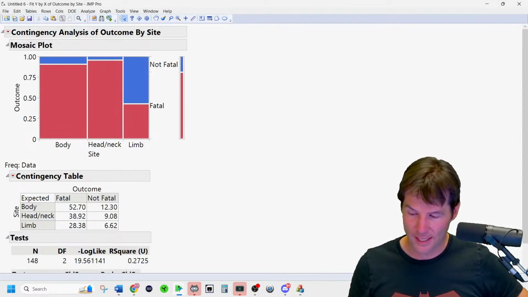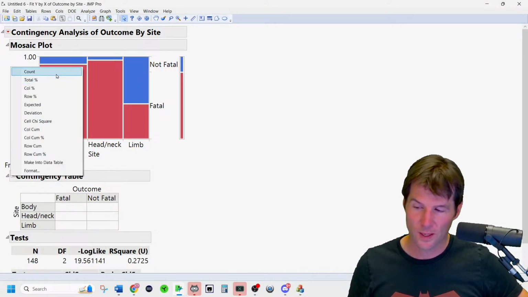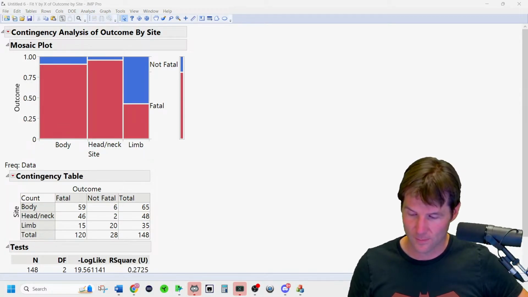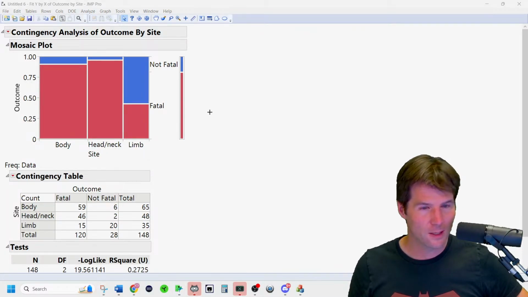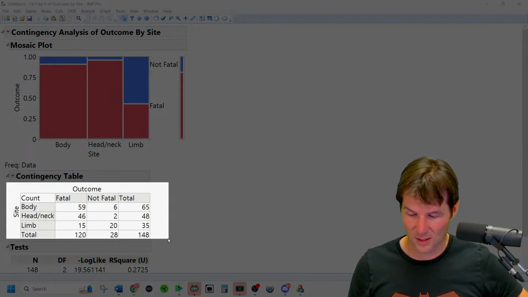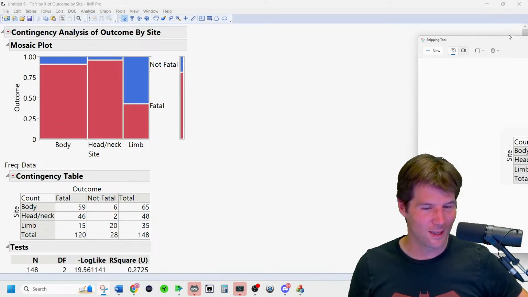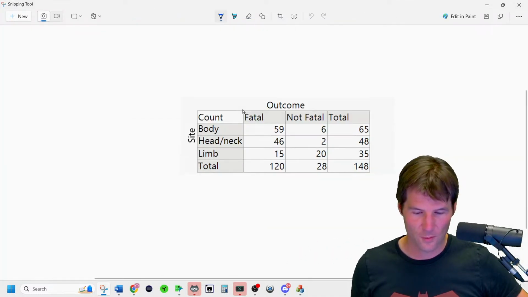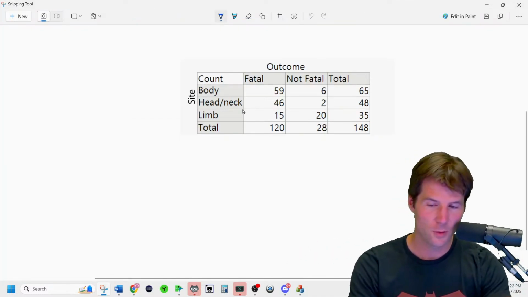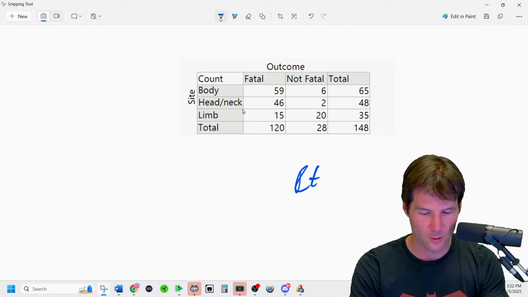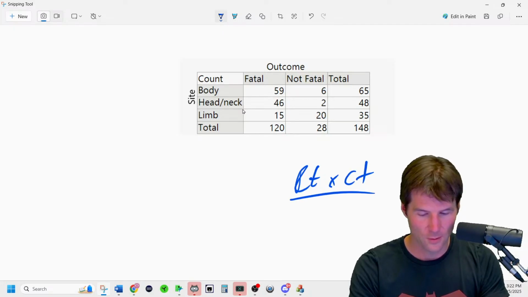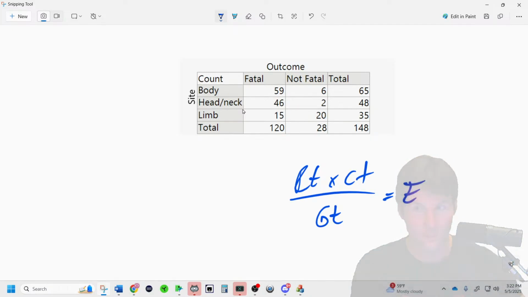Now, let's show how to do it by hand right here. This is the by hand calculation using the counts. If you were doing this by hand, you'd have to do the following. The mathematics to get the expected count is the following formula: row total times column total over grand total equals expected cell count.